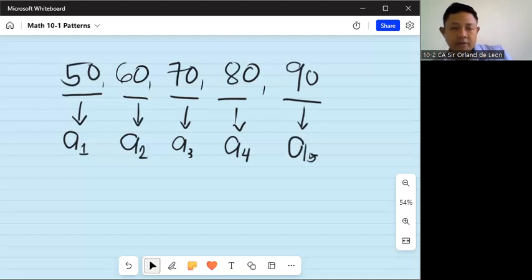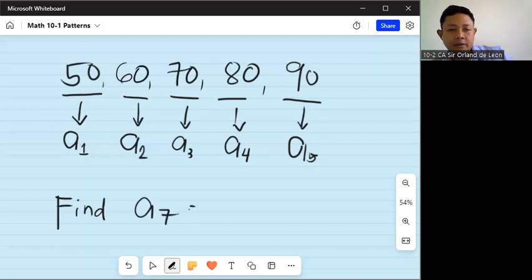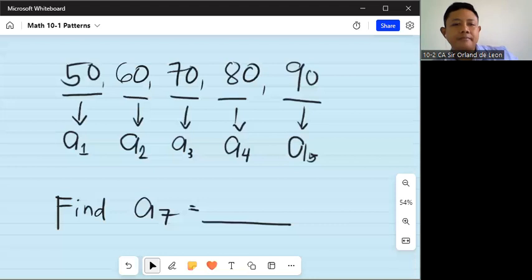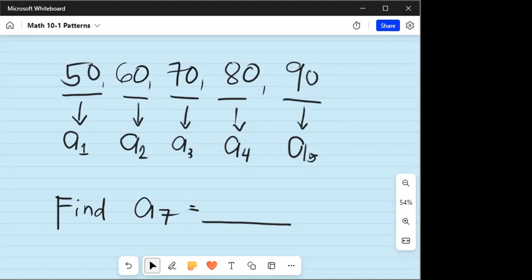So therefore, if, for example, we are asked to find A sub 7, what do you think will be the answer? Find A sub 7. Type it in the chat box, please. Let me see how well you understood the process. What do you think will be the answer if we are asked to find A sub 7? Let's have it from Karin. Karin, what's the answer? 110 po.